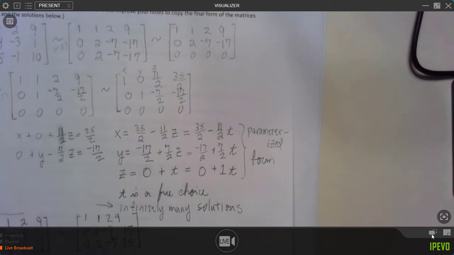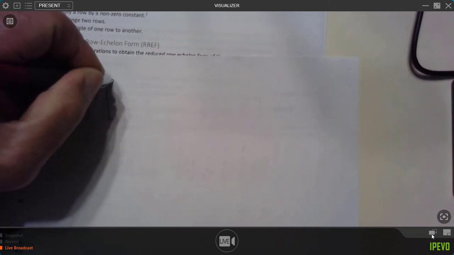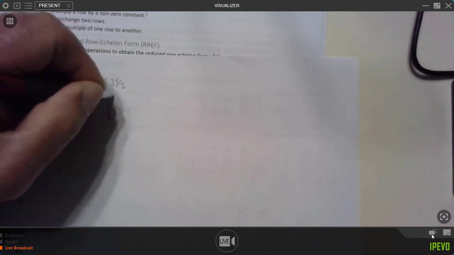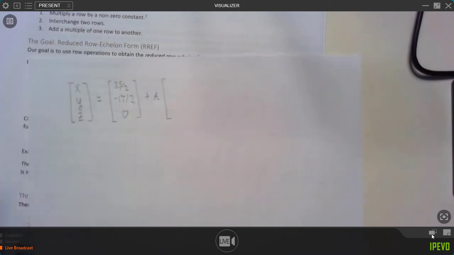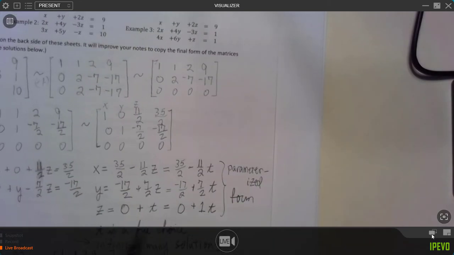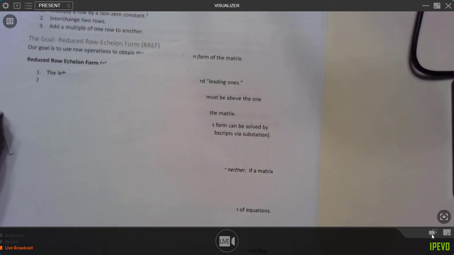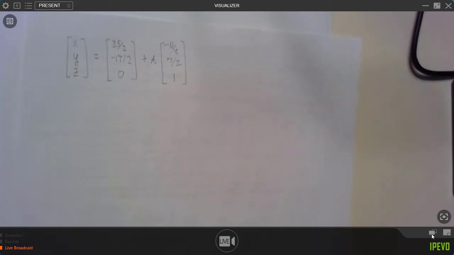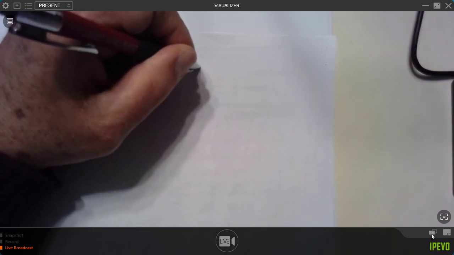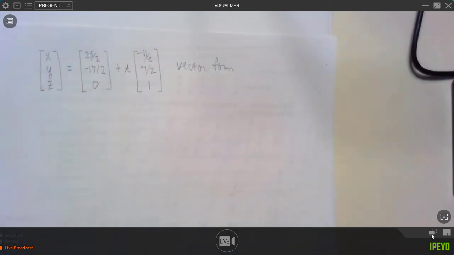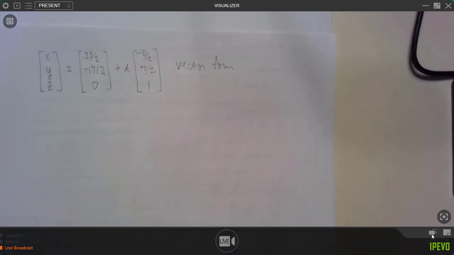So I have 35 halves, minus 17 halves, 0. And then t times another vector, and that vector is minus 11 halves, 7 halves, and 1. And this is the vector form of the solution of the system of equations, the second one that we did.